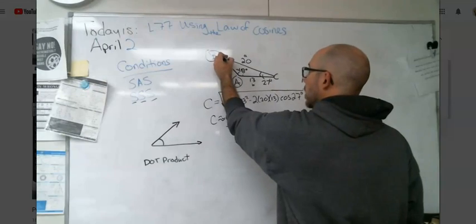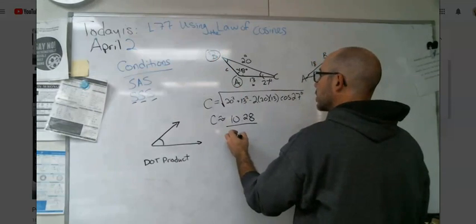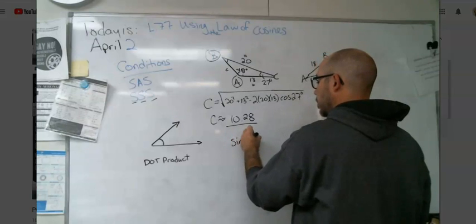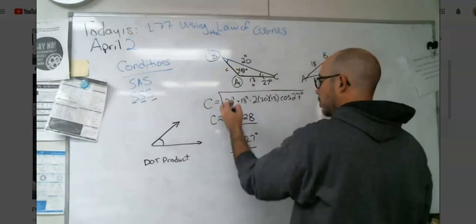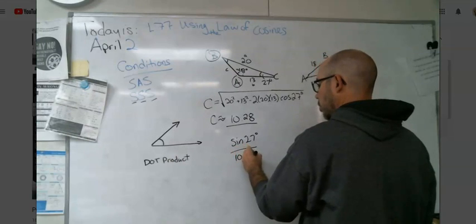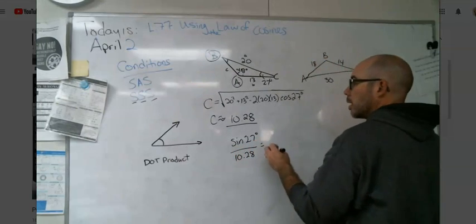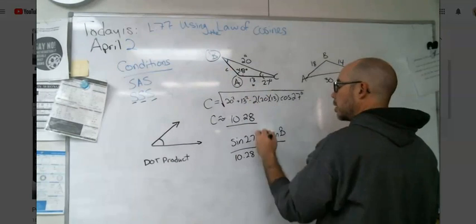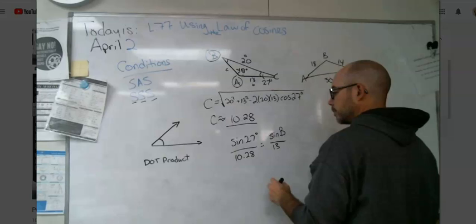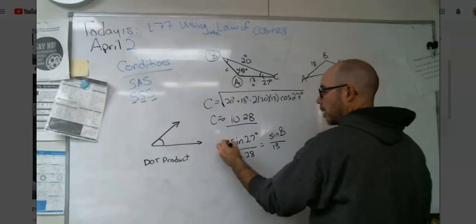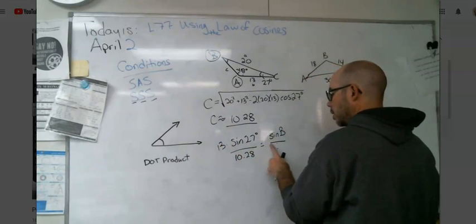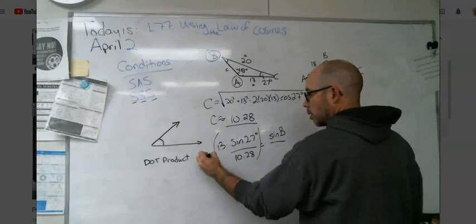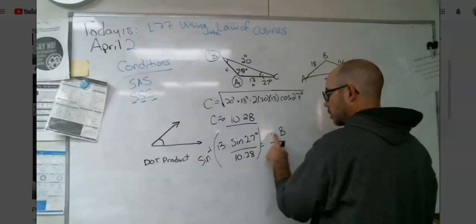I'm going to go after angle B here. That is, given that the sine of 27 matches up with side C, about 10.28, then I can go after the sine of angle B, because I know that side B is 13. And now I'm going to solve for B by multiplying both sides by 13 and then taking the inverse sine of both sides.